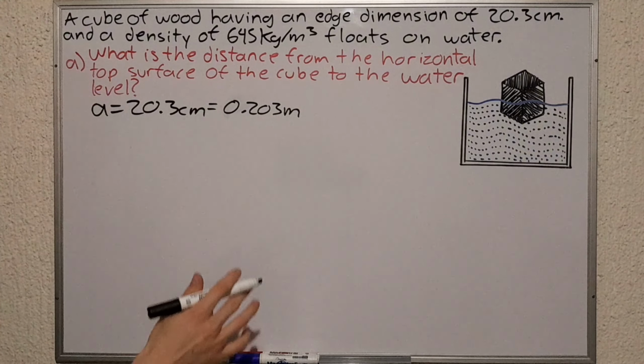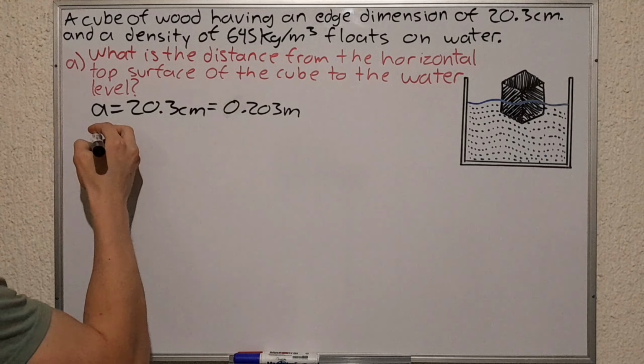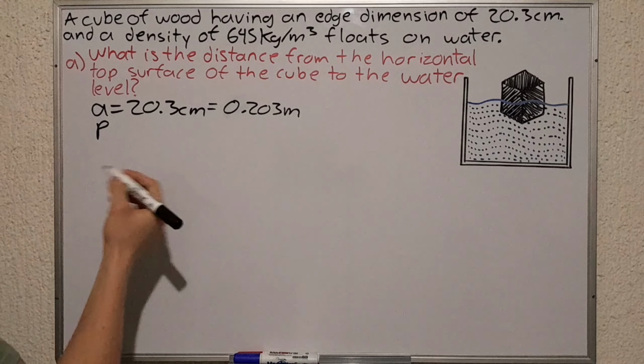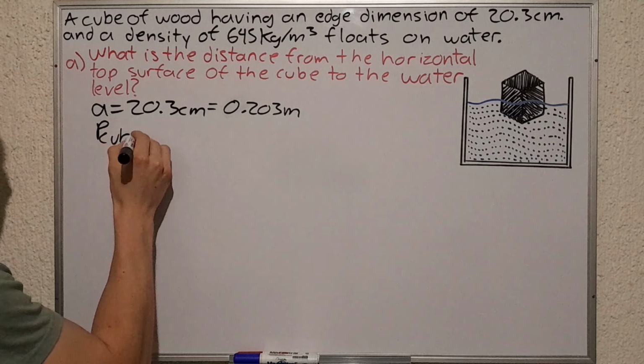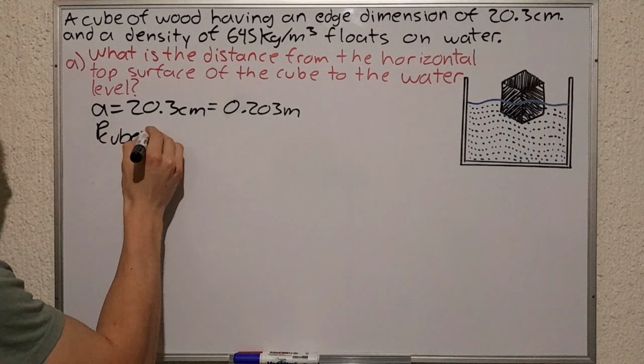And now the density of the cube, we're going to write as rho cube, would be 645 kilograms per cubic meter.